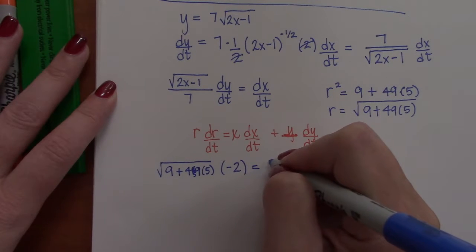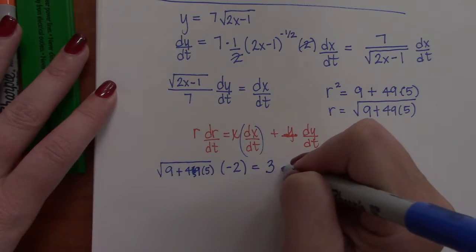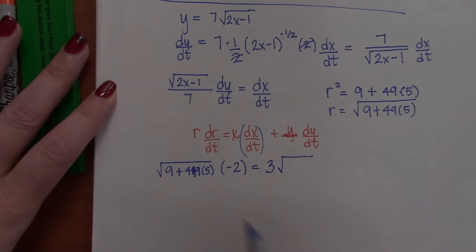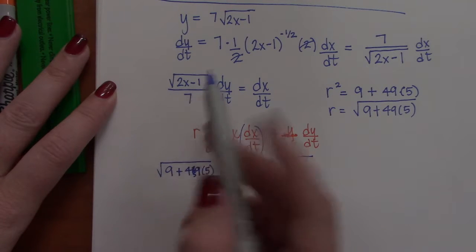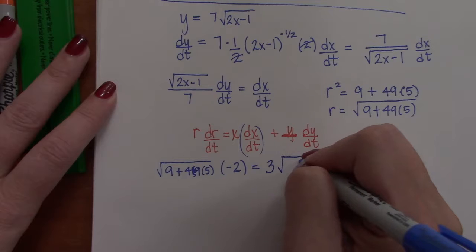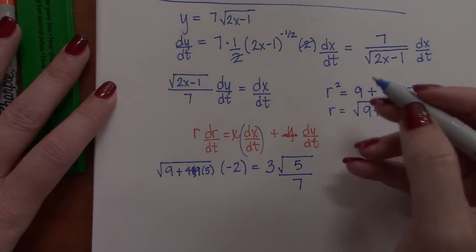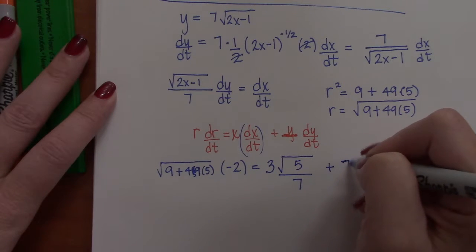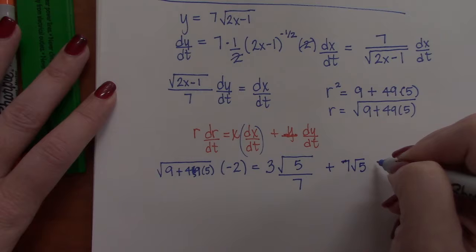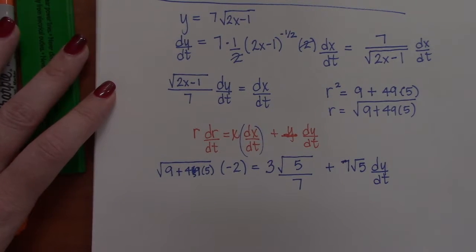X is 3. dx dt is the square root of 2 times 3, which is 6, minus 1, so I get the square root of 5 over 7, plus y, which was 7 root 5, dy dt is what I'm solving for.